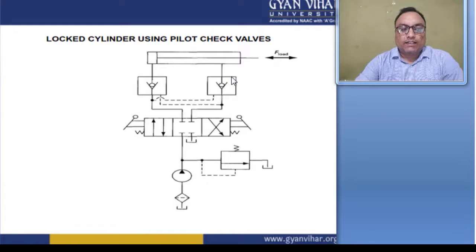The cylinder can be extended or retracted by the direction control valve. Obviously this is the simple thing, and in the locked position the cylinder cannot move without moving the direction control valve. If regular check valves are used, the cylinder could not extend or retract, and an external force acting on the piston rod does not move the piston in either direction, thus locking the cylinder.